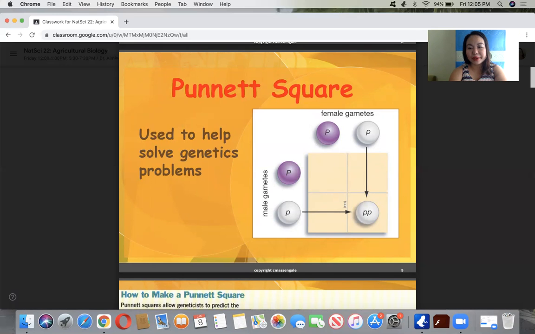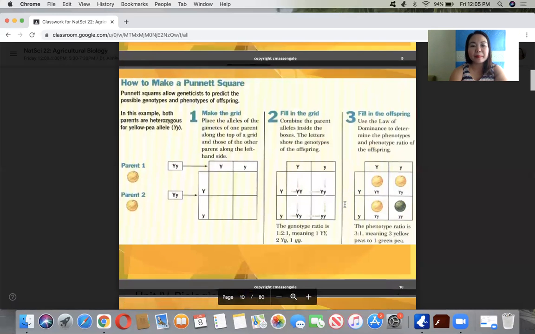and so on. Making a Punnett square allows geneticists to predict the possible genotypes and phenotypes of offspring. In this example, the parents are heterozygous for yellow pea allele, Y and y. So this is parent one, the heterozygous Y and y, and parent two is also Y and y.